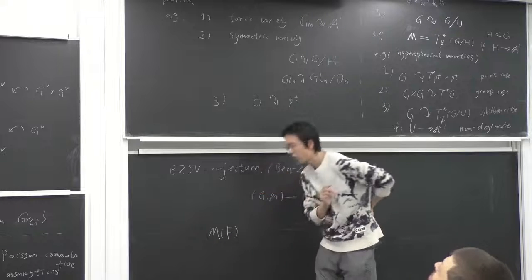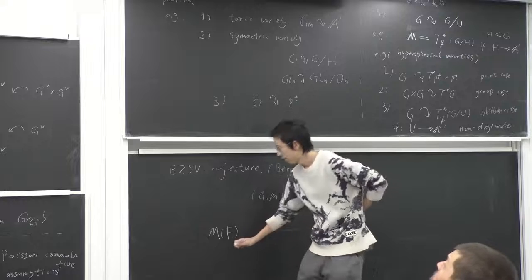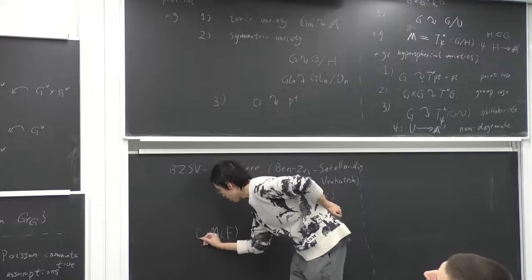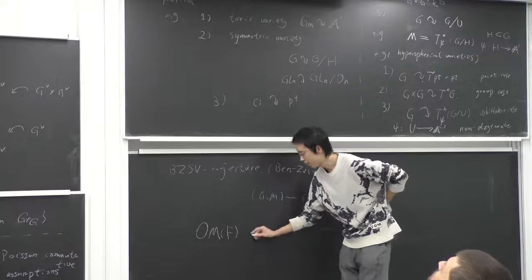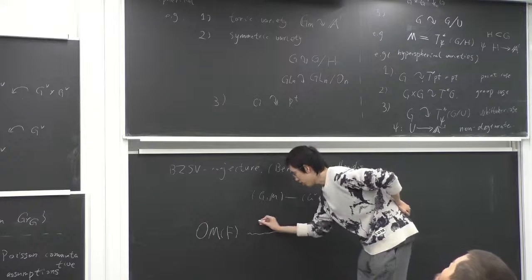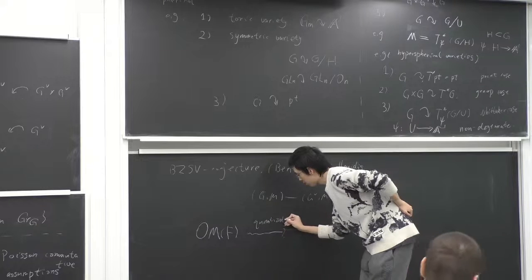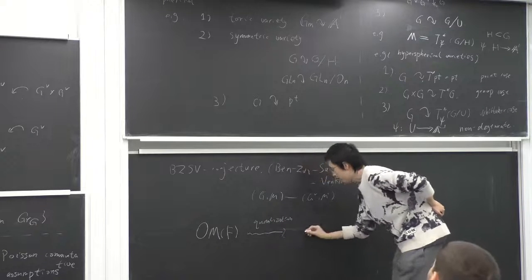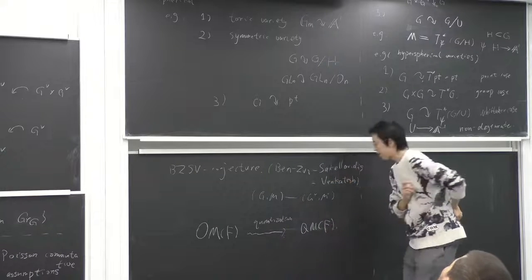Note that usually we assume M to be affine, so you can consider its loop space, M_F. Then we consider a structure sheaf on it, denoted by O_{M_F}. Then by some quantization procedure, you will get an algebra denoted by Q_{M_F}.